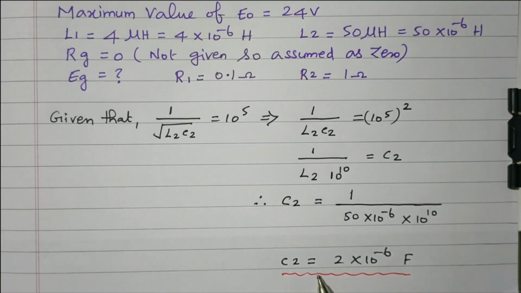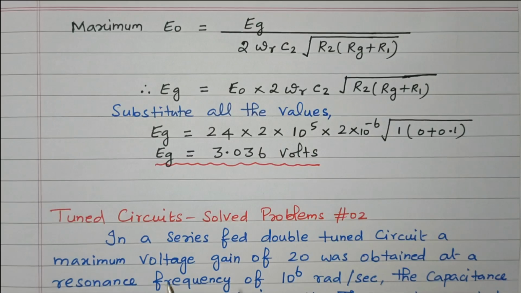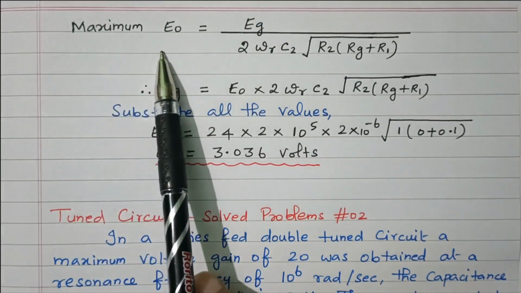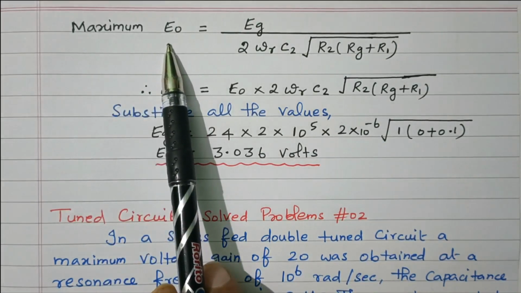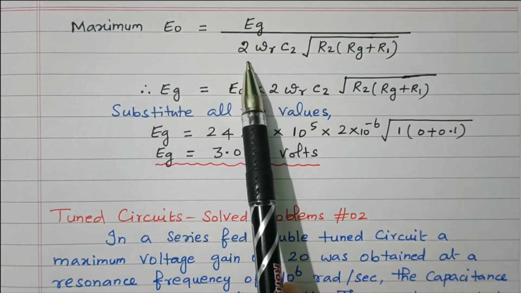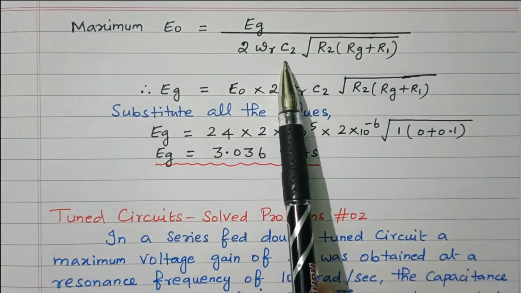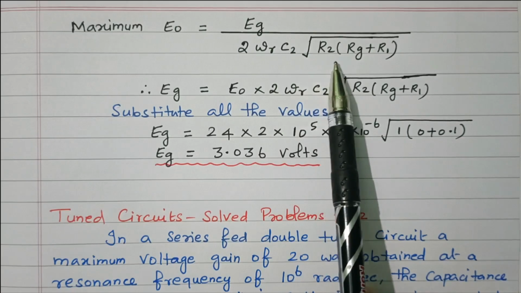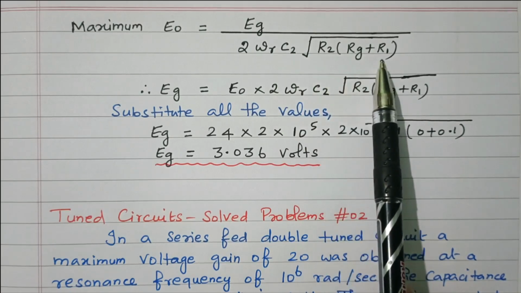Our aim is to find the source supply voltage Eg. Now we'll see how to find the supply voltage. The maximum value of output voltage E0 equals Eg divided by 2 omega C2 square root of R2 into Rg plus R1.